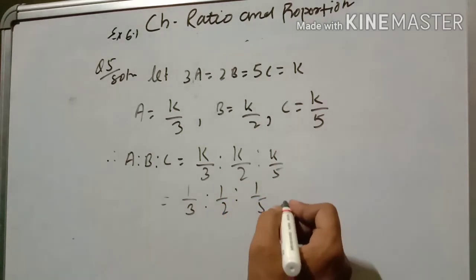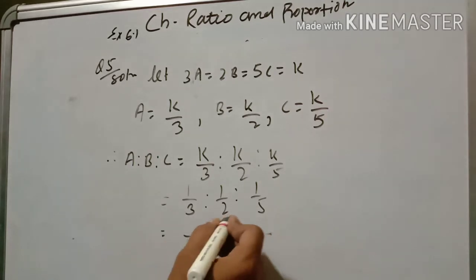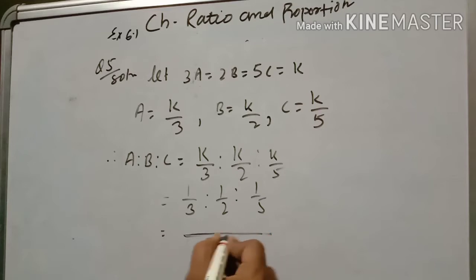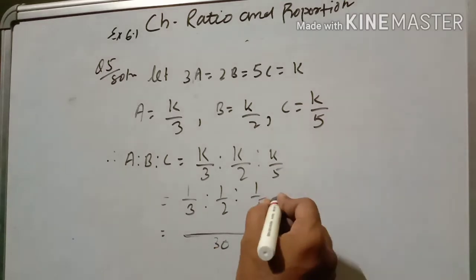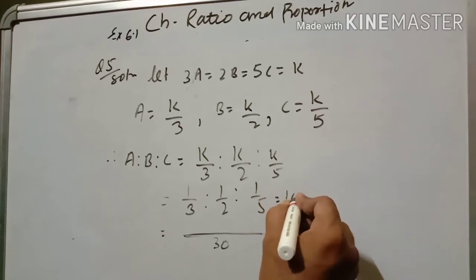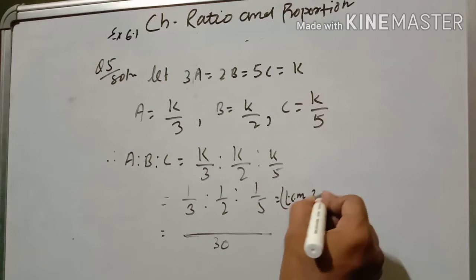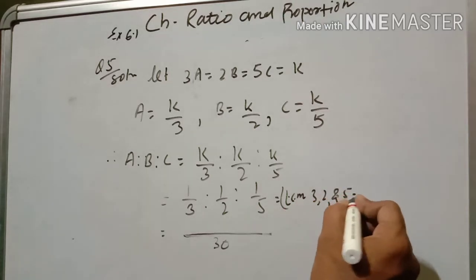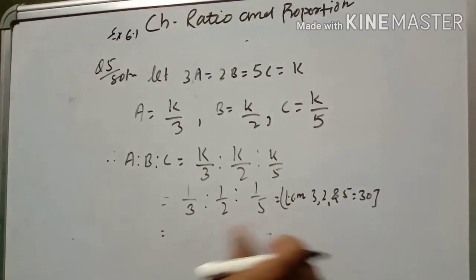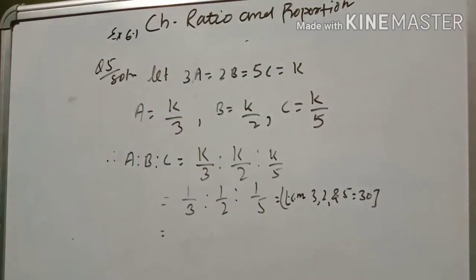The LCM of 3, 2 and 5 will be 30. Now we have to find out the value of A. I can write 1 by 3, and their LCM is 30, so it will come 10.